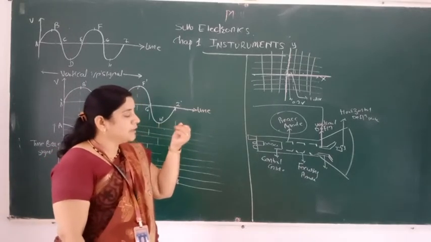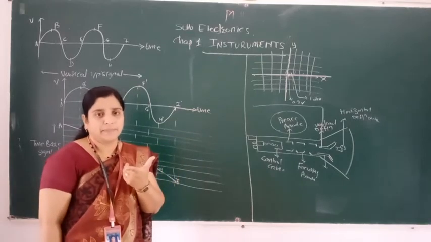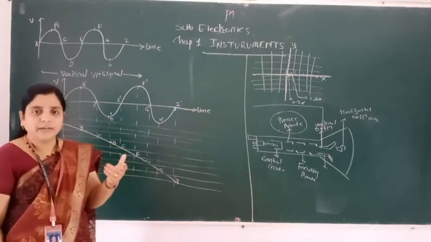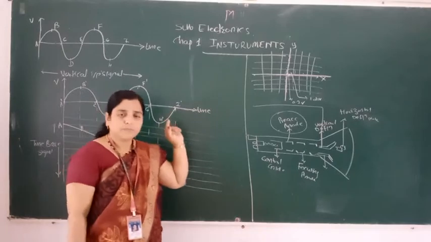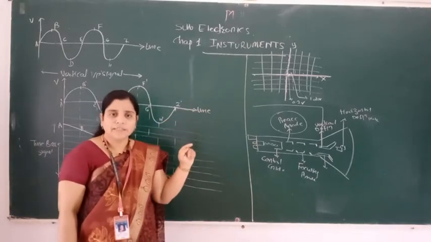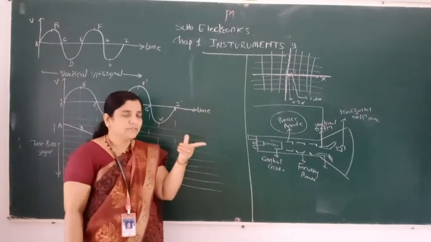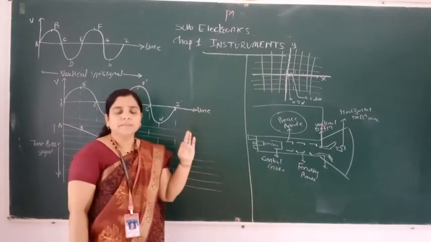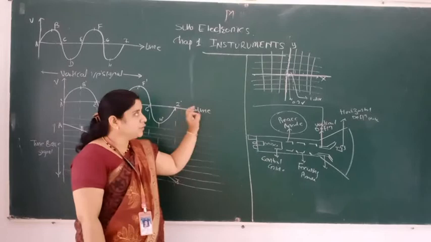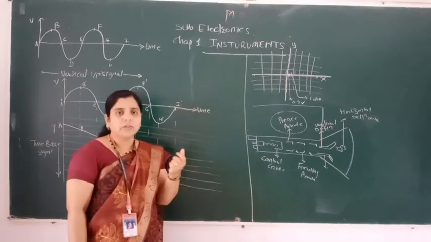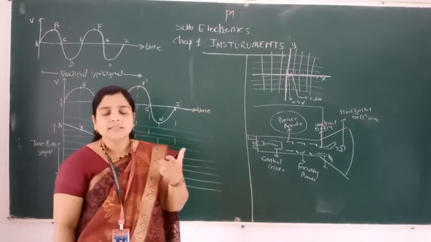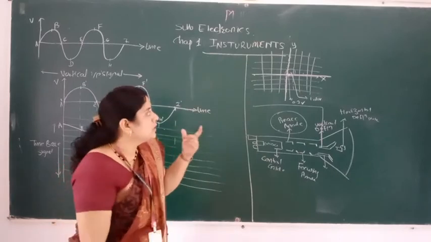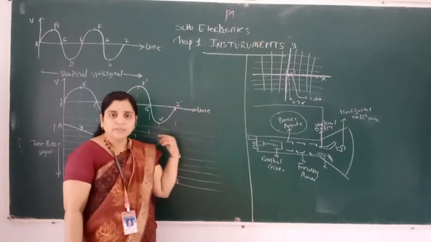The spot will form a line, which we have seen in the front panel of the CRO. When you switch on the front panel of the CRO, you can observe one line without giving any input to the CRO. Directly if you switch on the CRO, then you observe one line on the CRO. So that line will move to the left and right side.